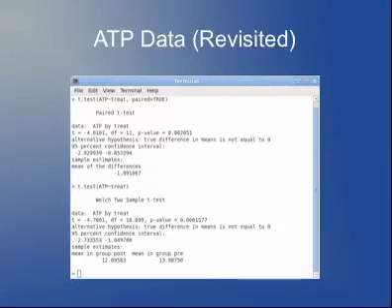So, if we go back to Valerie Soldato's ATP data, we saw before if we do the paired t-test, we get a p-value of 0.002. If we just do a t-test comparing the pre-treatment and post-treatment ATP levels, ignoring the pairing, we get the same finding. In fact, we get an even smaller p-value, which is kind of strange.